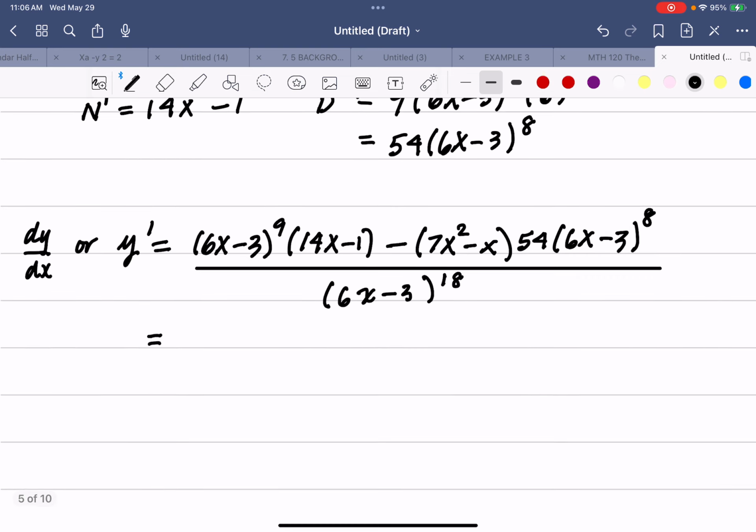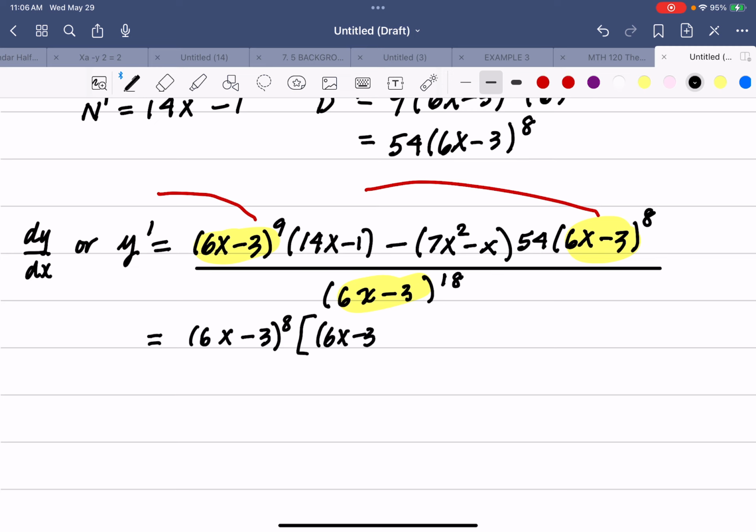Look at all these 6x minus 3's. Got one here, got one here, got one here. So I'm going to pull those out to the front. Both of these are coming to the front. And I can only take out 8 because the last one only has 8. So it's going to be (6x minus 3) to the 8th left over. I'm going to keep it in parentheses, (6x minus 3) to the 1.